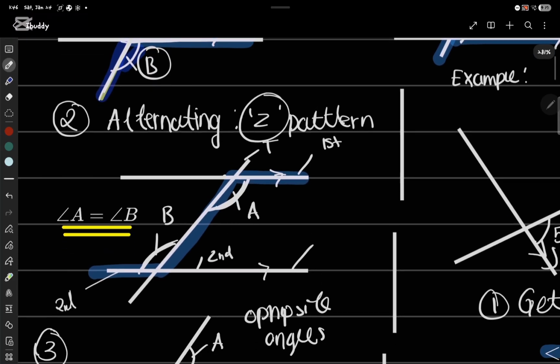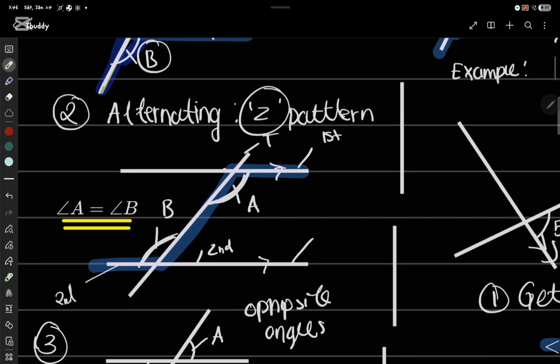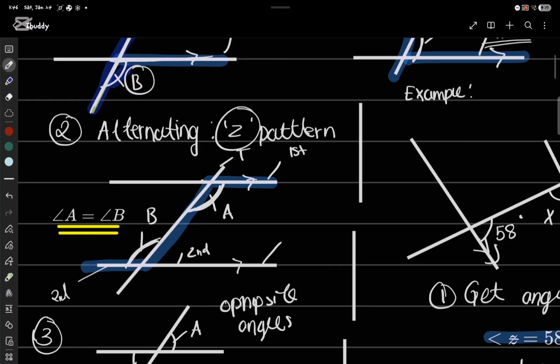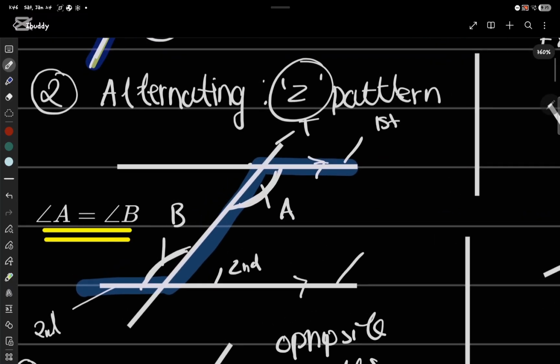The explanation in words might be a bit confusing, but the diagrams themselves make lots of sense. So this is the Z pattern. These two angles are always the same, or these two angles, they're the same thing.